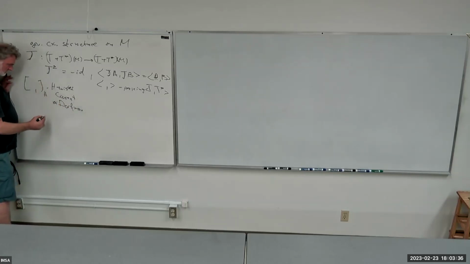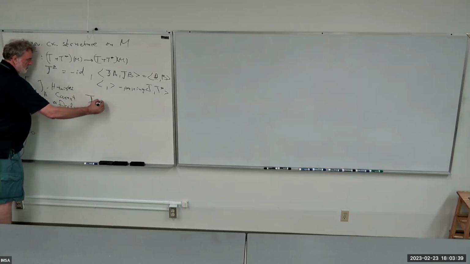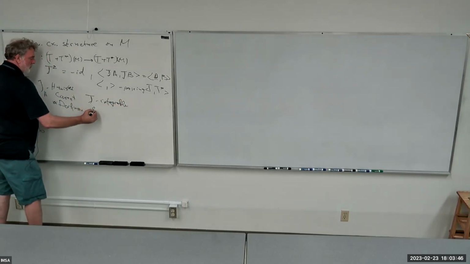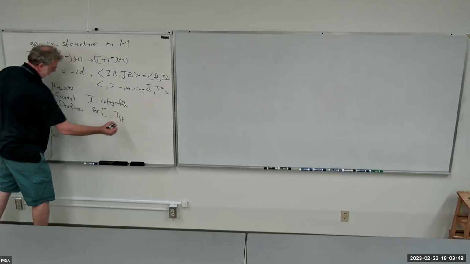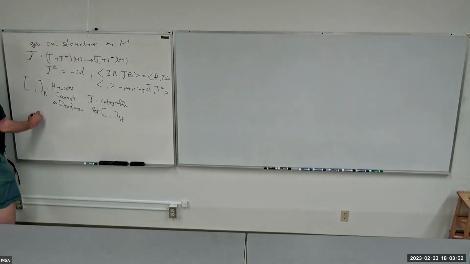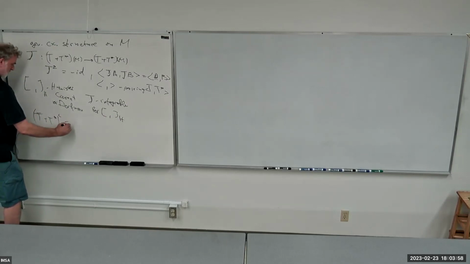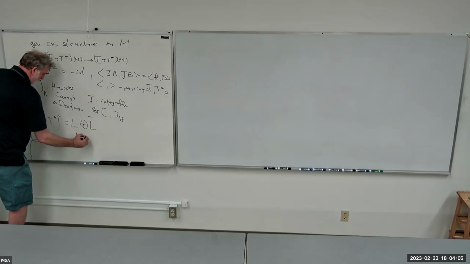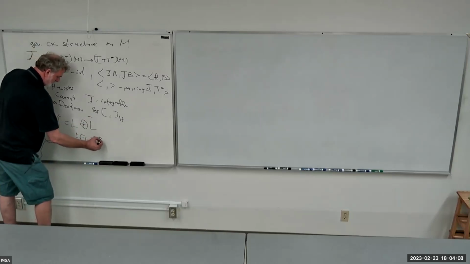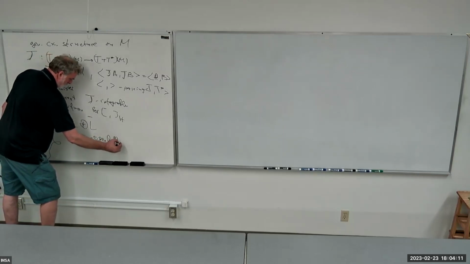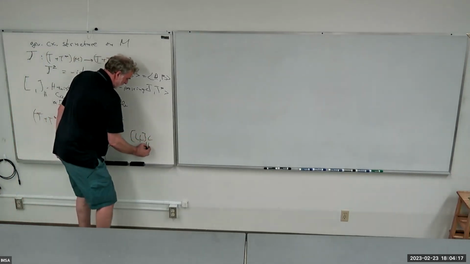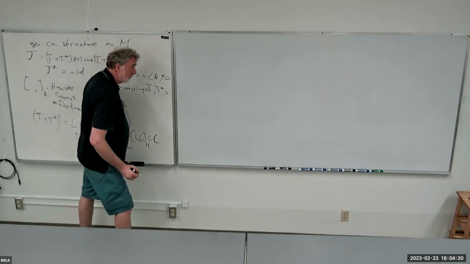And then from J integral for this bracket, which means that the complexification splits into plus minus root minus 1 eigenbundles. And the bracket here is preserving them.